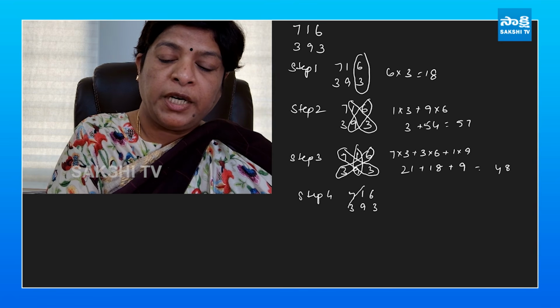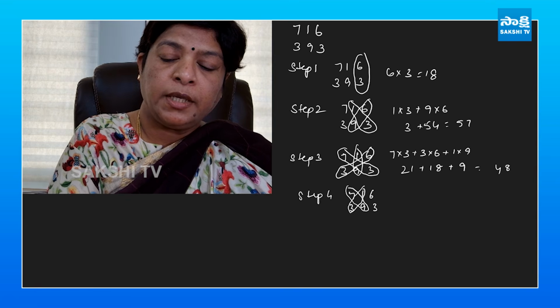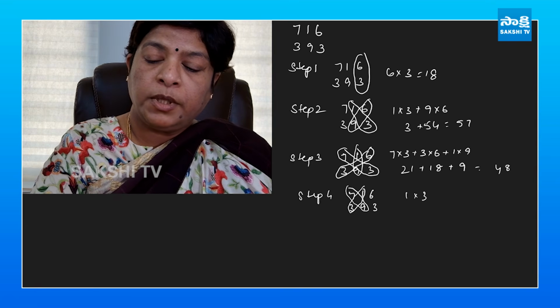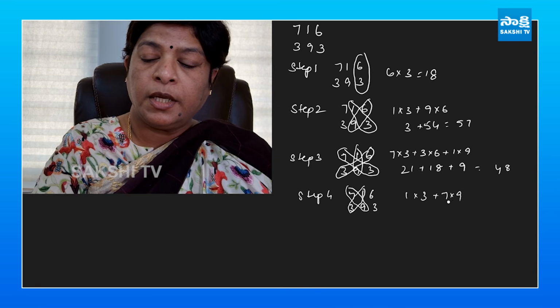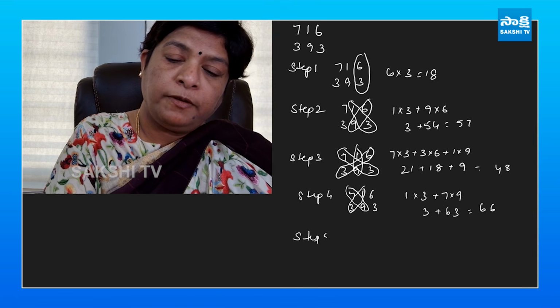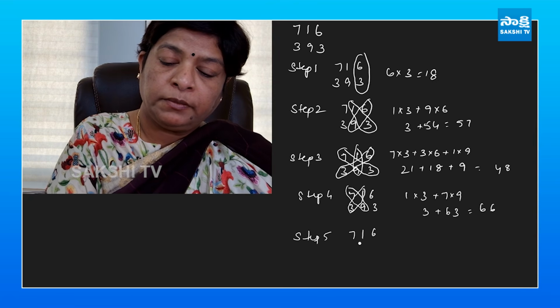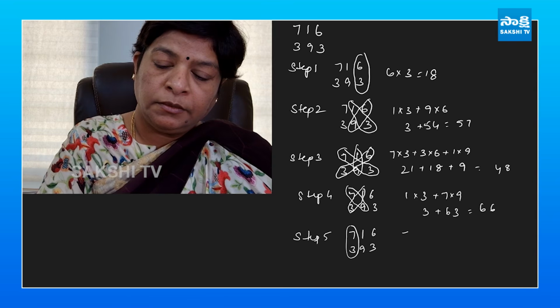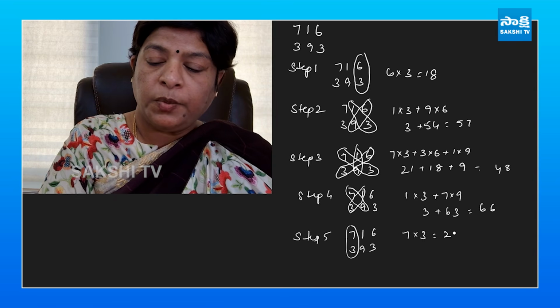So 1 times 3 plus 7 times 9. So 3 plus 63, 66. And finally step 5, 7 times 3 gives us 21.